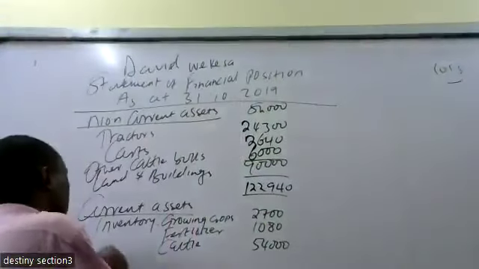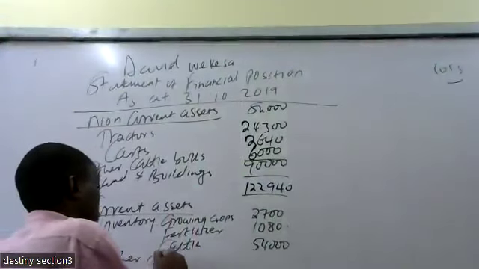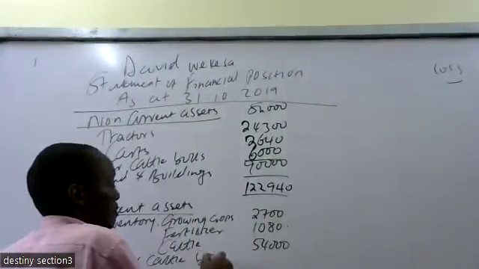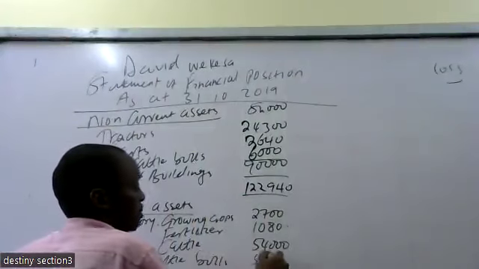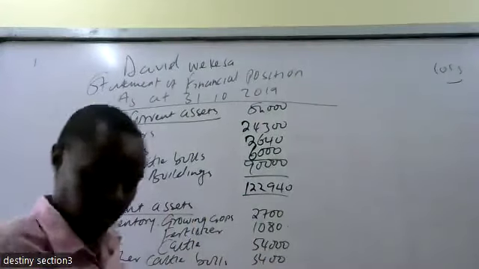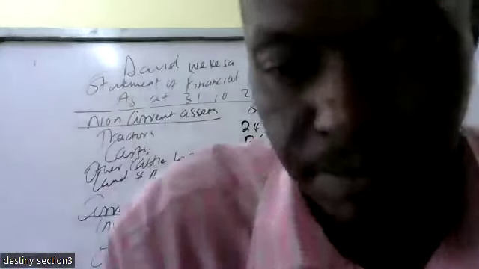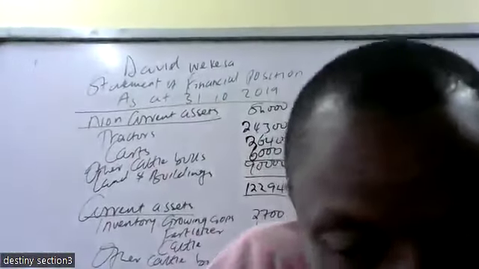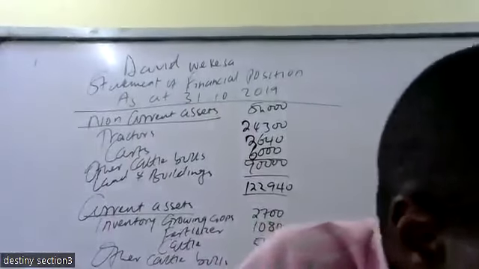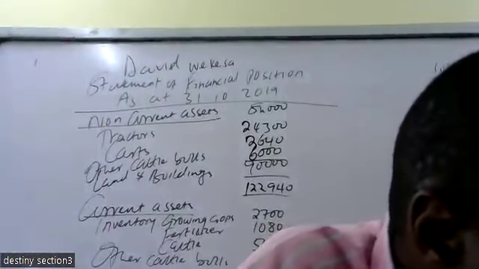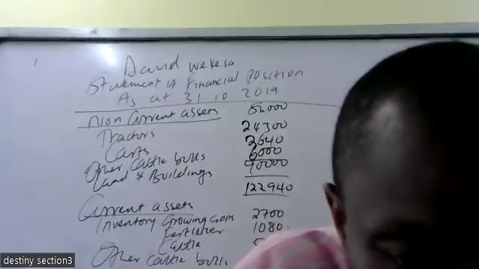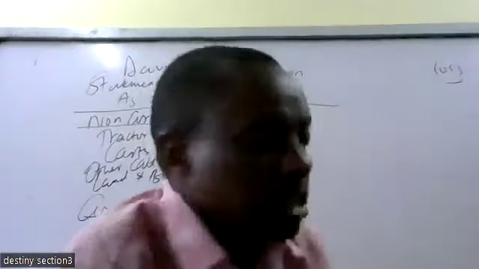Other cattle bulls, 5,400. Maybe now we are done. Cattle feed, 1,620.